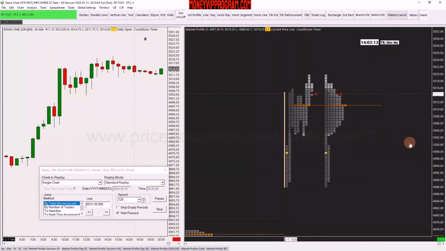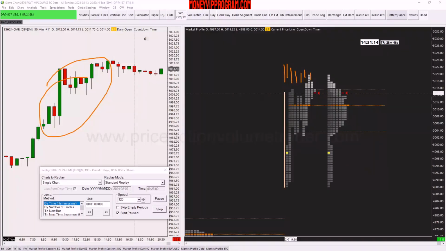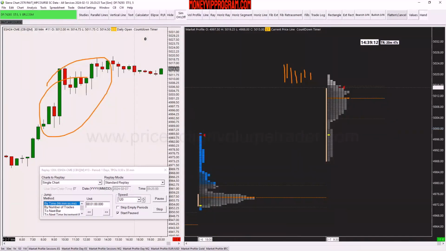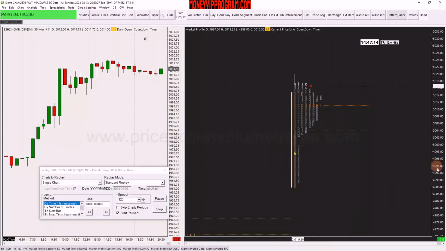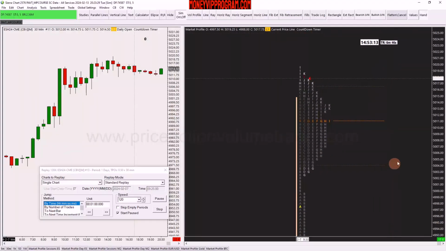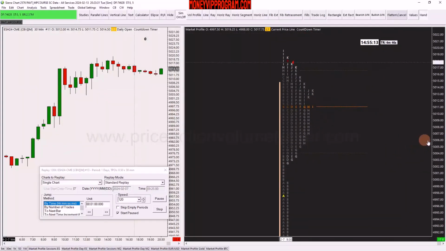Once you make it split, then you can see the regular profile, plus you can see each time period, which would coincide with each 30-minute candlestick as they are forming from left to right, okay? But let's merge this back together. Let's make these letters again. Let's zoom in, okay?